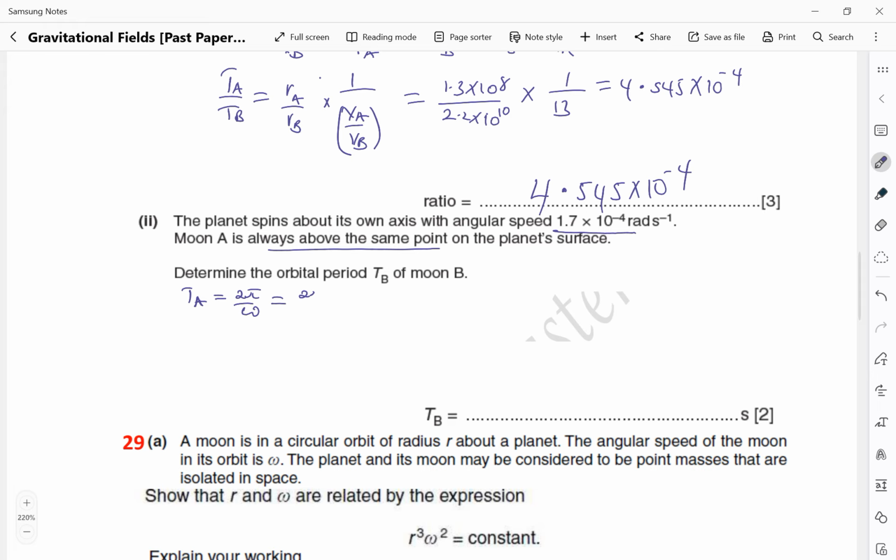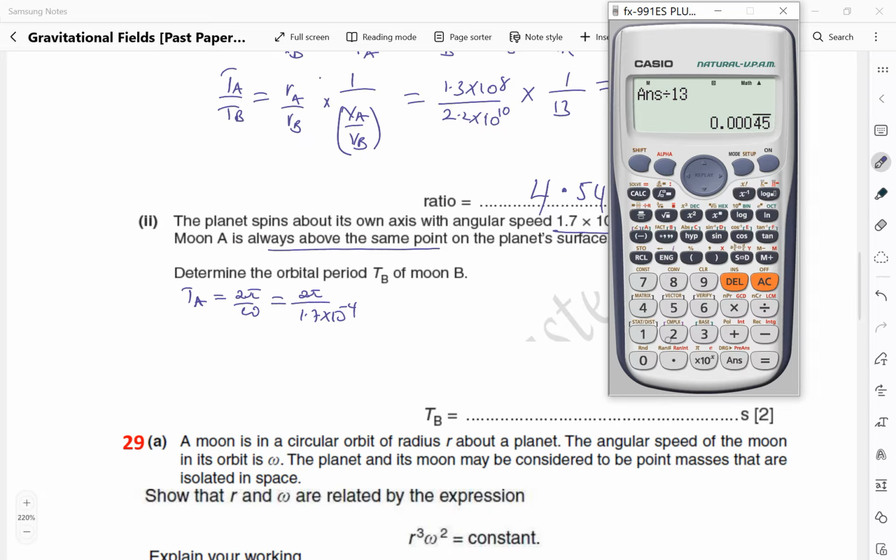So this is 2 pi over 1.7 times 10 to the power of negative 4. So that is 3.70 times 10 to the power of 4.